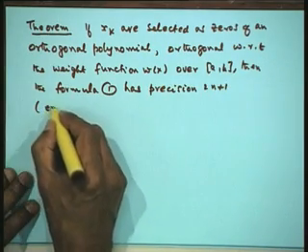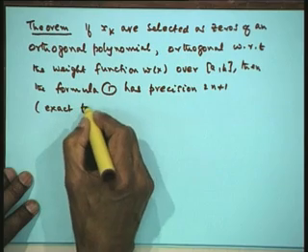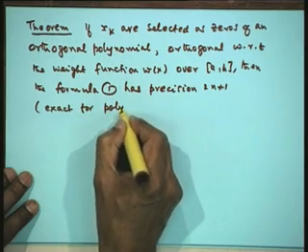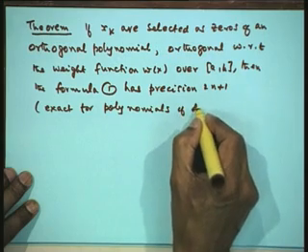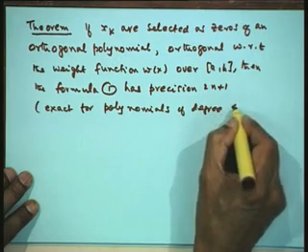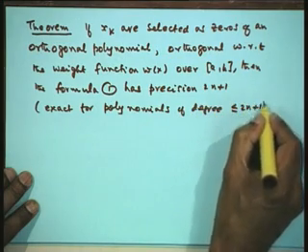That means it is exact for polynomials of degree less than or equal to 2 n plus 1.